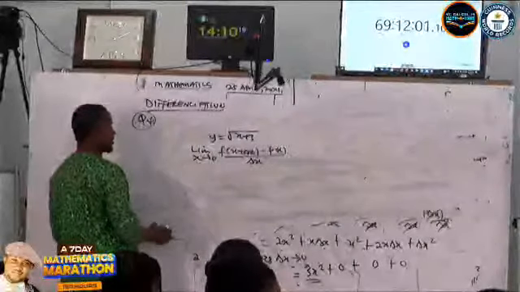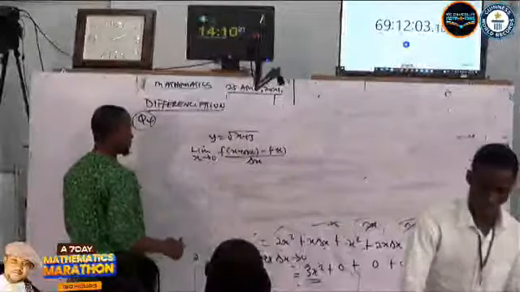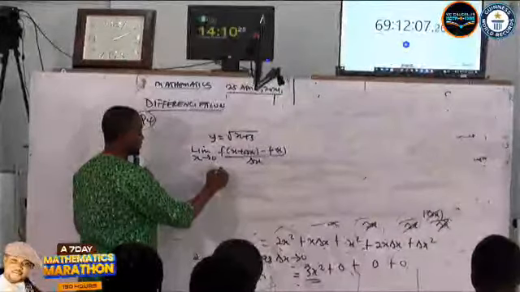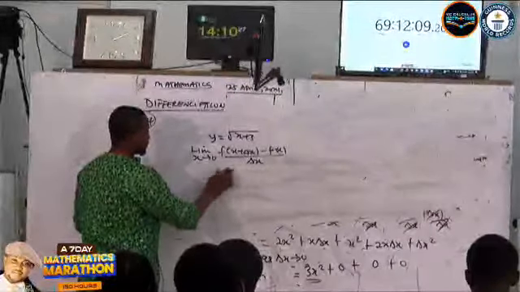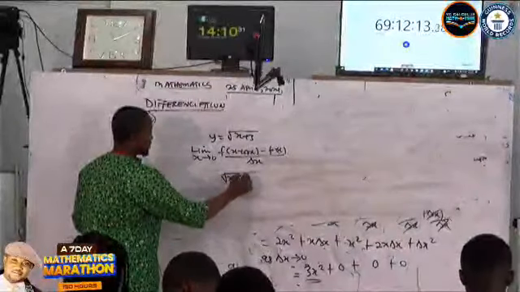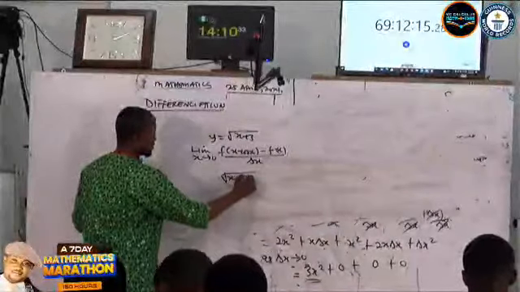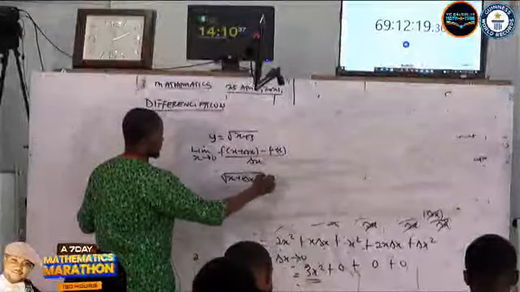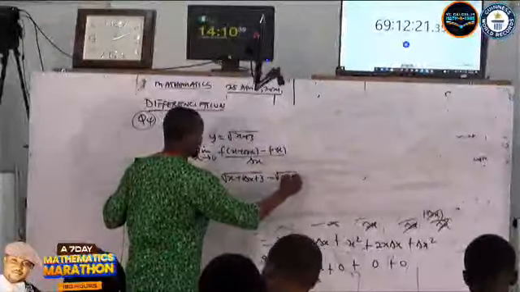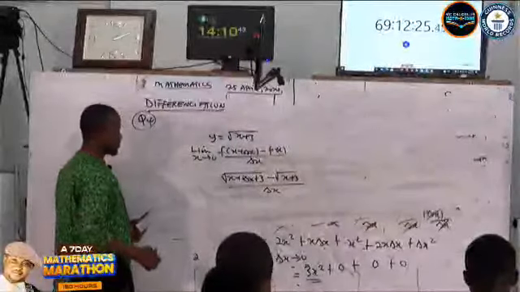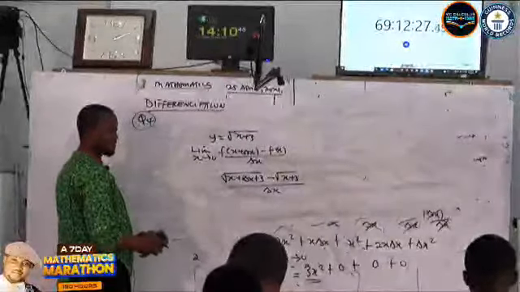So that means this is going to be the root of x plus change in x plus 3 minus the root of x plus 3, divided by change in x. That is what you have there.